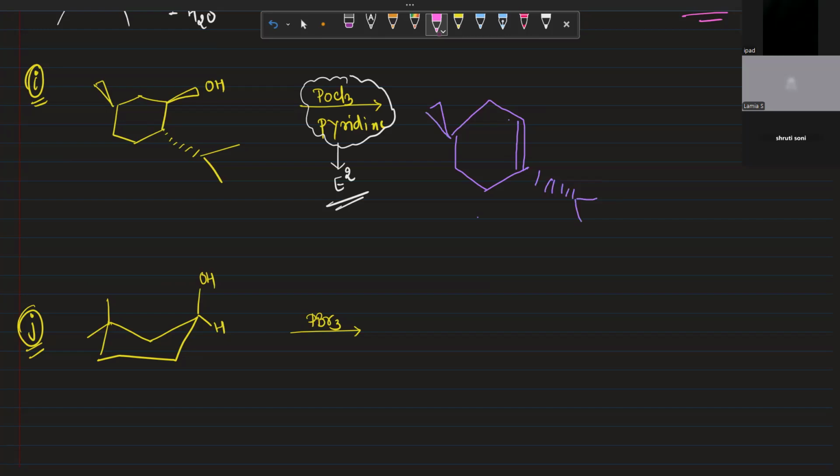Is that it? No. The OH leaves, right? Because the POCl3 bonds with the oxygen or attacks the carbon.